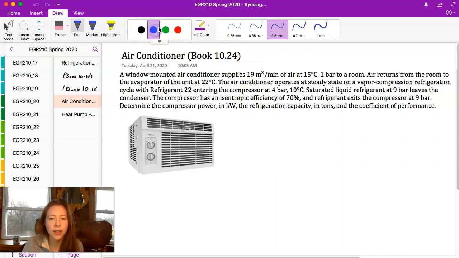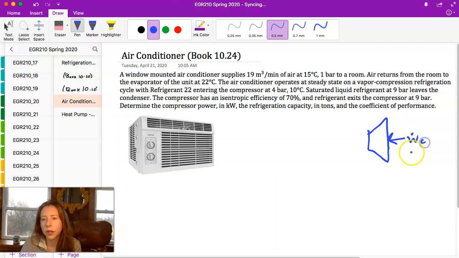So let's sketch out our cycle, starting at our compressor. So we have W dot C. We're given an isentropic efficiency of 0.7.